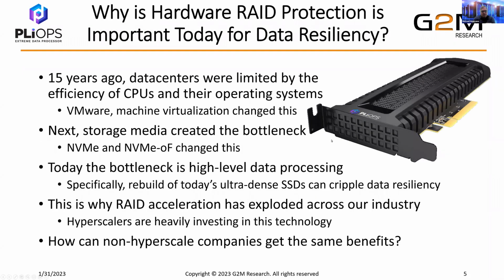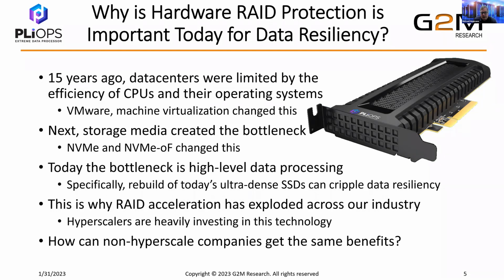The question that we're trying to answer is, why is hardware RAID protection important today for data resiliency? If you think about it, 15 years ago in the data centers, CPU efficiency was a big issue. Most CPUs were significantly underutilized, which meant all the I/O and other pieces that went along with them weren't. The problem generally was performance of the compute side of things.